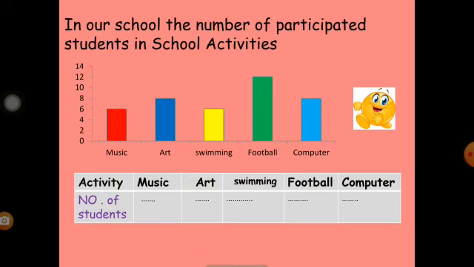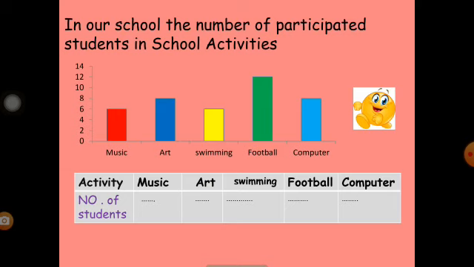So I need to know how many students participate in the music activity, and how many in art, how many in swimming, how many in football, and how many on computer. So we said before, we start from 0, and then we are going to use our ruler and put it on the top of the bar to read the number.